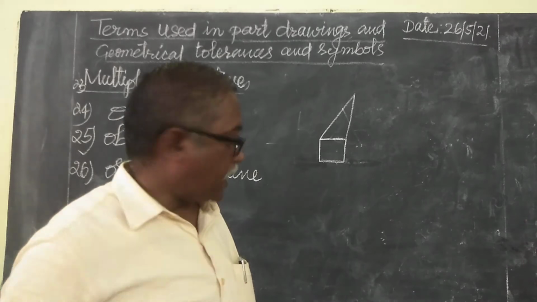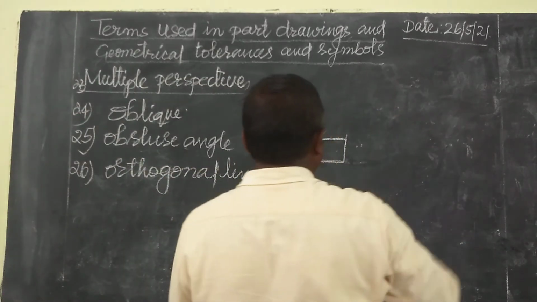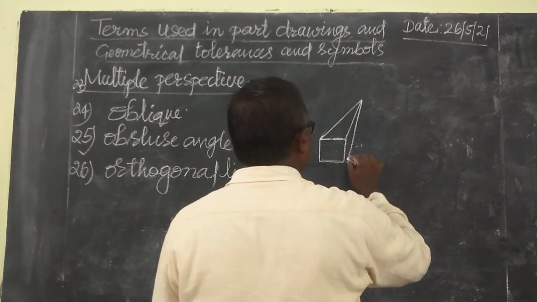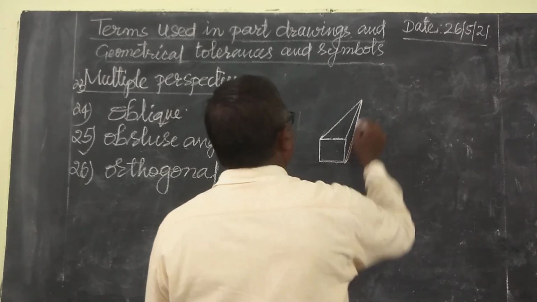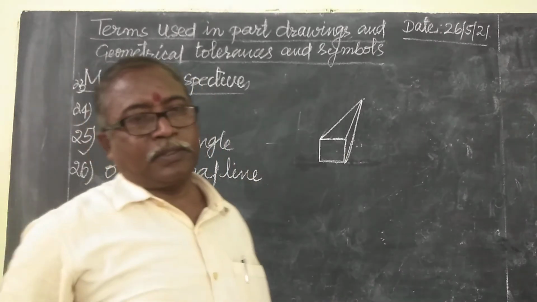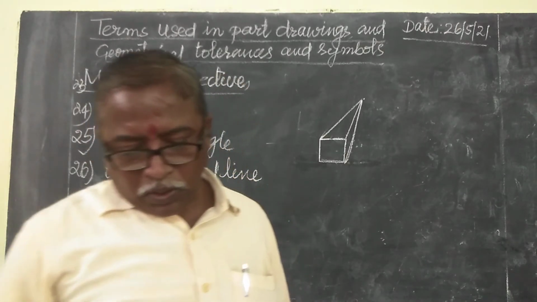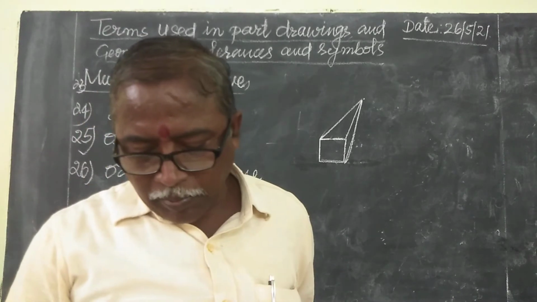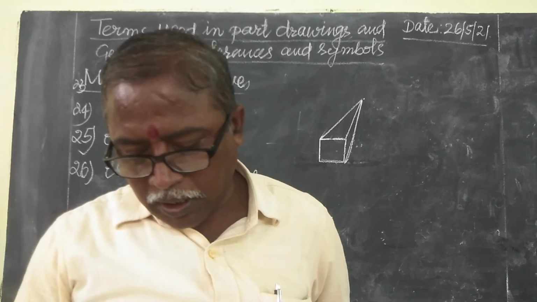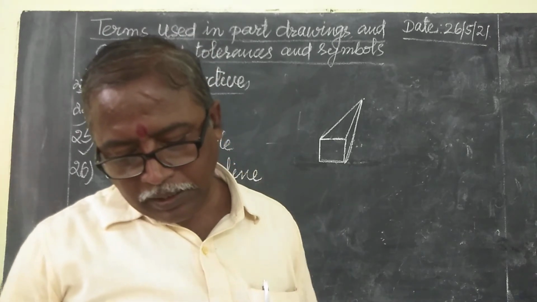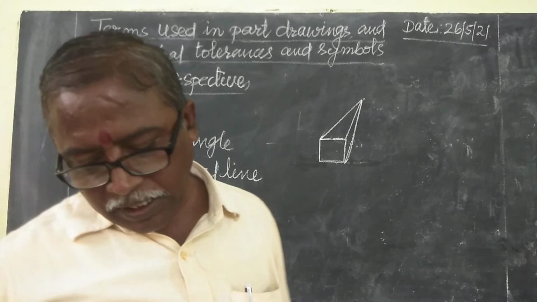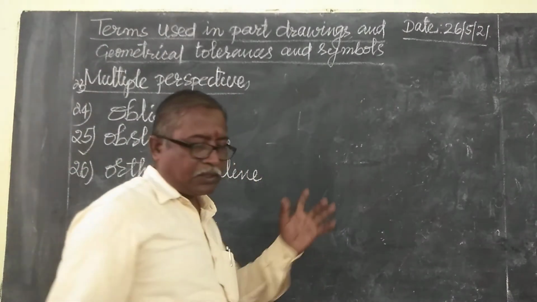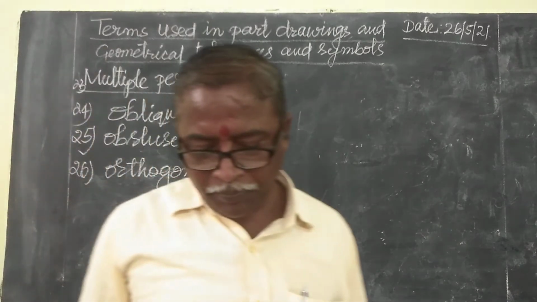That is a certain angle we must draw. This angle is not sufficient, we are observing from this. Then this line come and touch this also. This is the vanishing point. So that one is orthogonal line. Thus orthogonal line means always straight to the drawing.